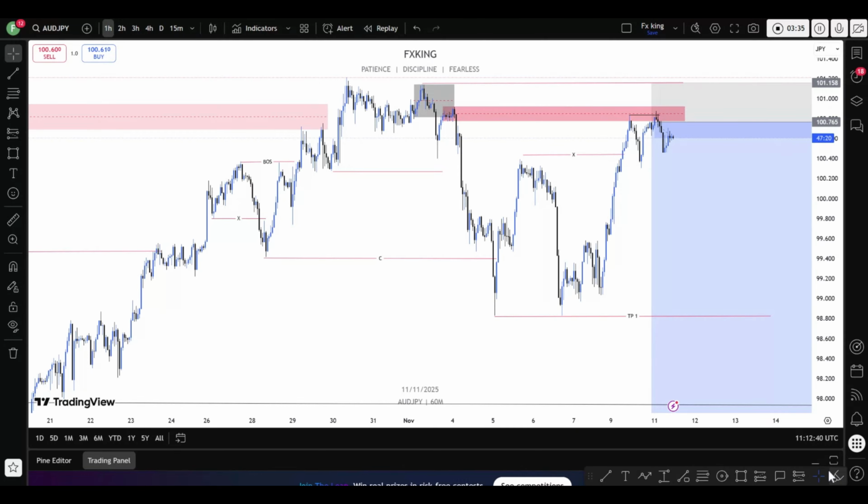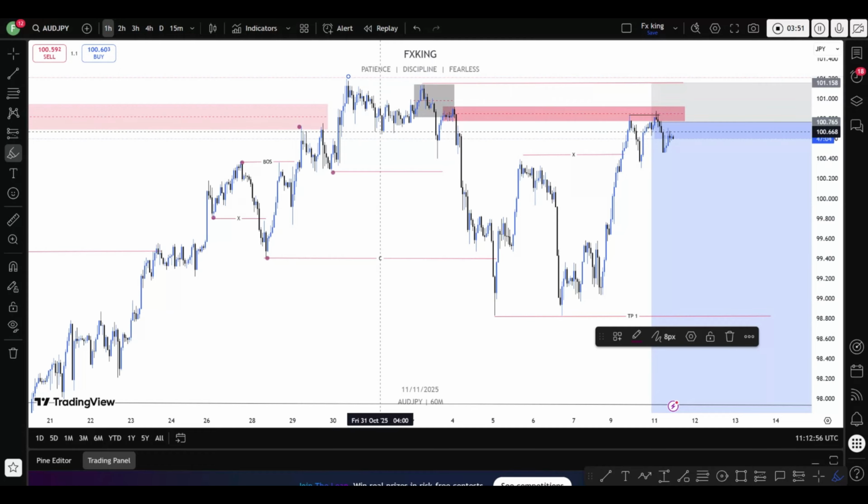So from here you can identify that we had an inducement here, and we had this higher high. Then the inducement got taken out by this move, then it went up, created this higher low here, higher high, and then it created this lower low here and lower high.